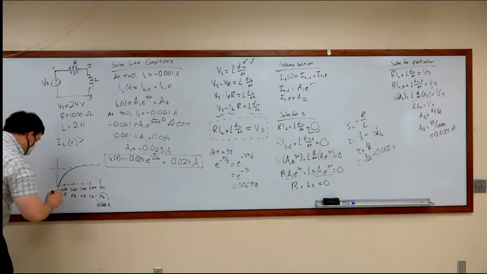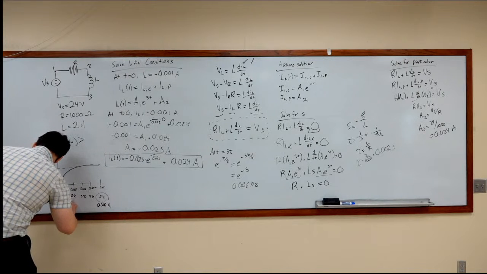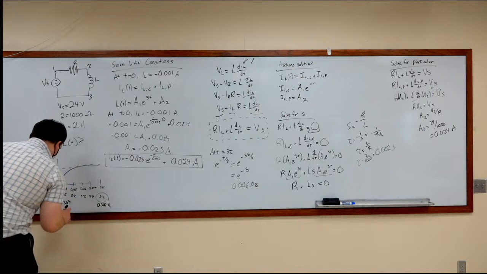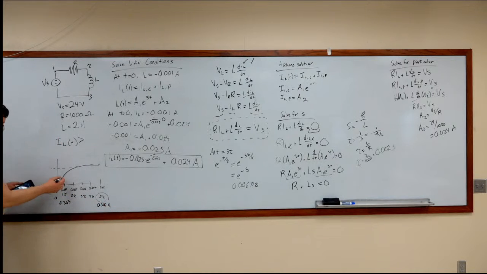This represents 0.3679, and then it just decreases from here. So this is 0.3679 times A1 plus A2. Okay, and we can keep building out that graph that way.